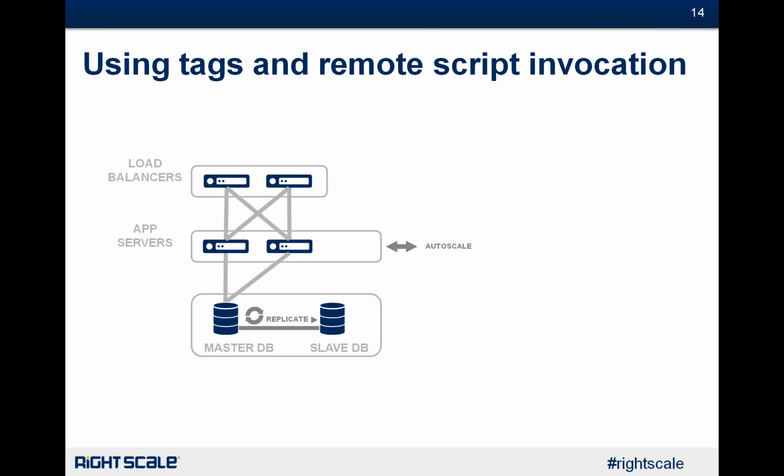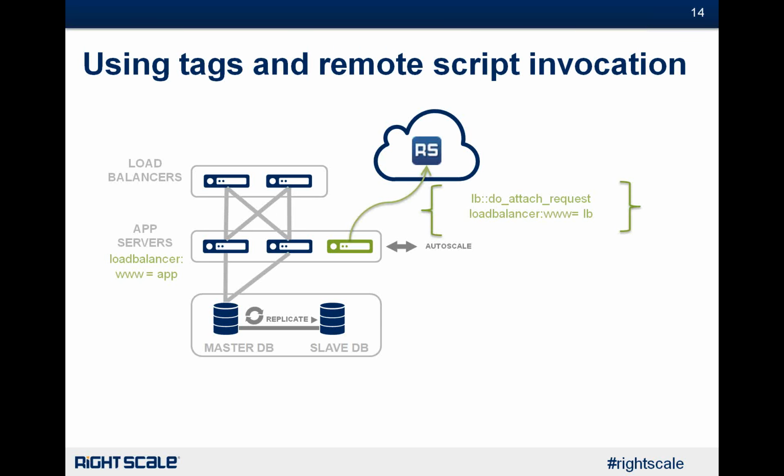So kind of to illustrate here, here's our typical three-tiered stack, 2 load balancers, auto-scaling app server tier, and then a master database with a replicating slave. Now, as you launch a new application server, it will tag itself with the load balancer www app tag, and then it will run that run recipe that we just saw in the last example.